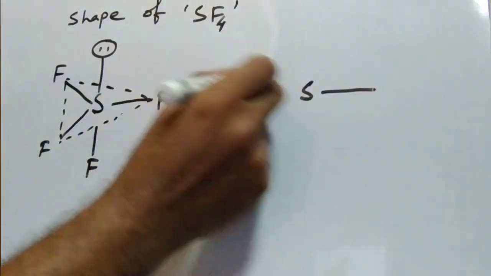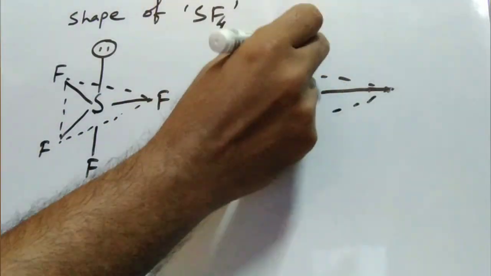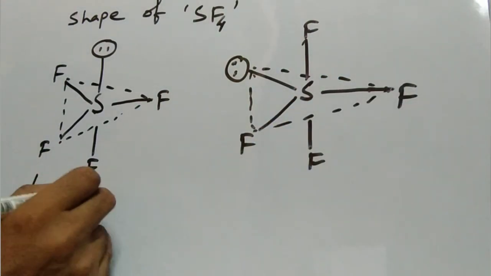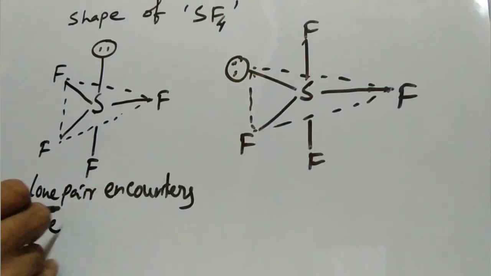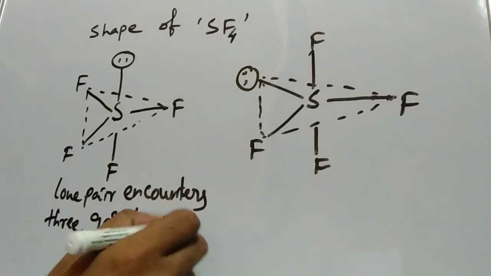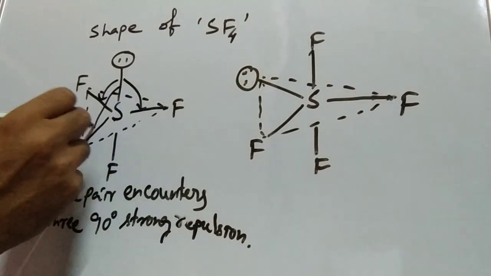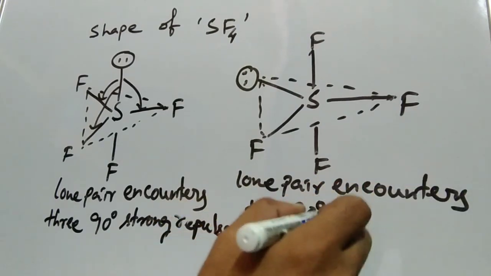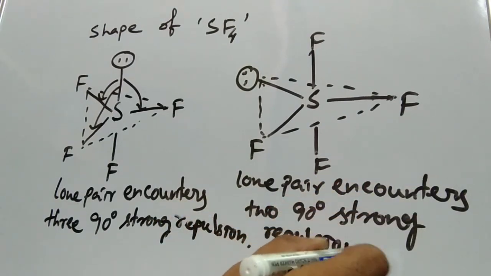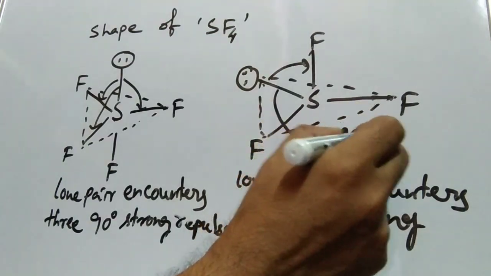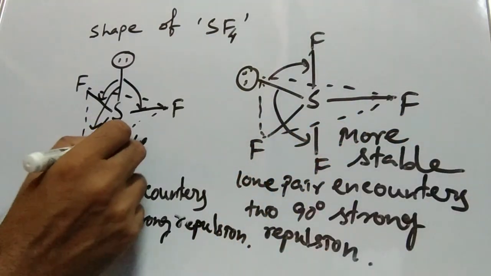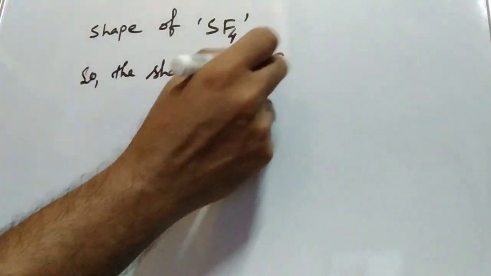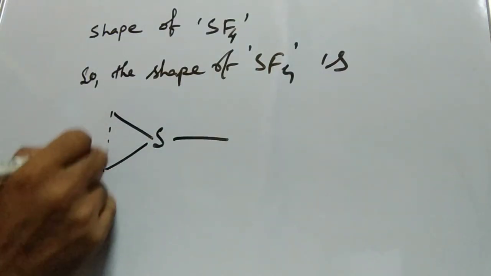The VSEPR rule also explains the positions of lone pairs in trigonal bipyramid or octahedral arrangements in ClF3, I3 minus, ICl4 minus, SF4 or BrF3. In the trigonal bipyramid structure, a group in the equatorial position has two nearest neighbors at 90 degrees above and below the equatorial plane.